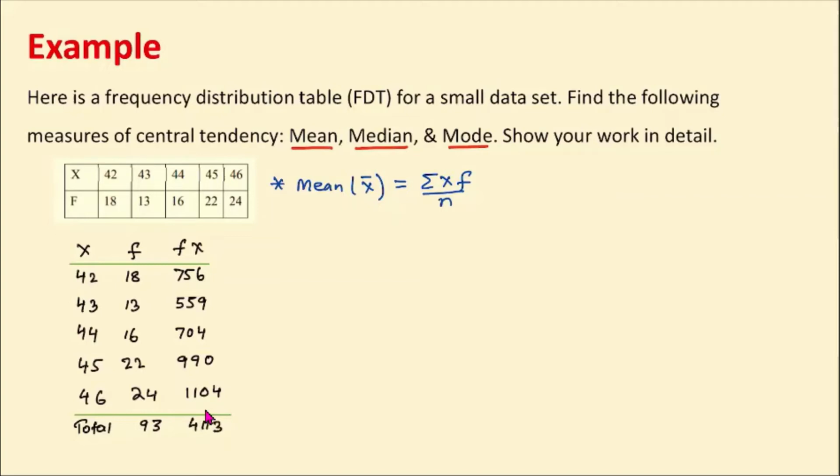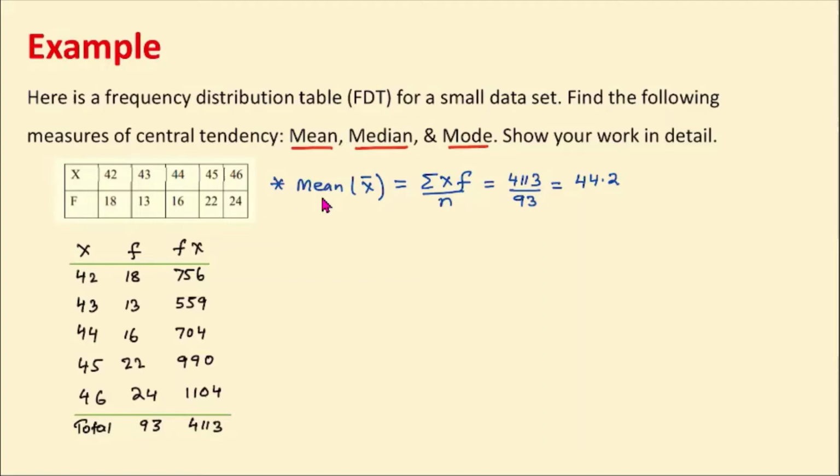So the mean, we plug back into the formula: the sum of F times X, 4113, divided by N. N is the sum of frequencies, that is 93. Simplifying using a calculator, 4113 over 93 is 44.2. So the mean for the given data set is 44.2.